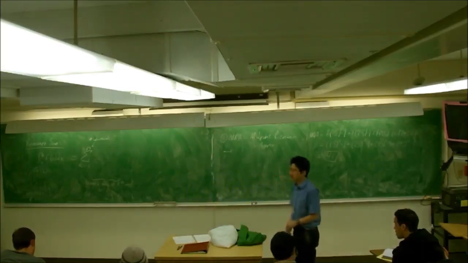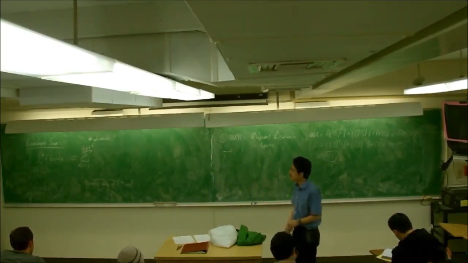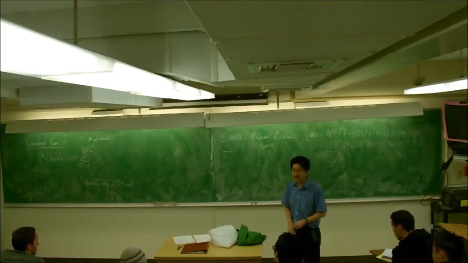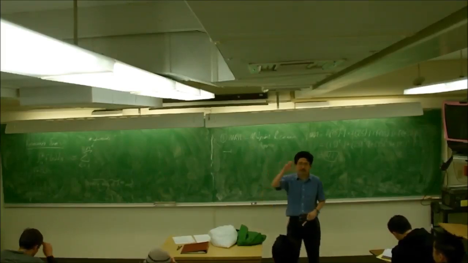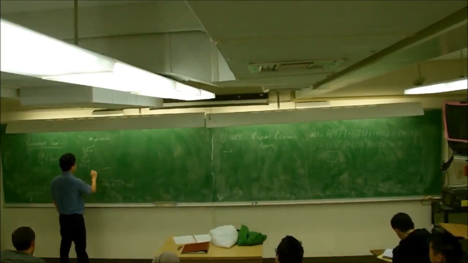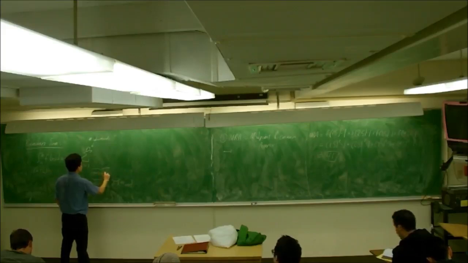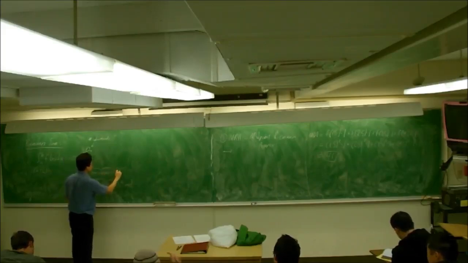Well, what's area? It's basically height times width. It's a signed height, because it could be positive, 0, or negative. So we want the signed height times the width.